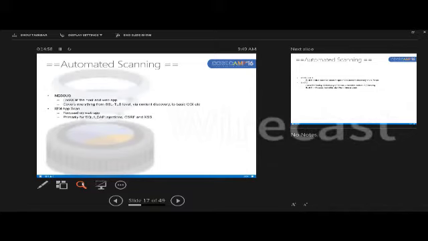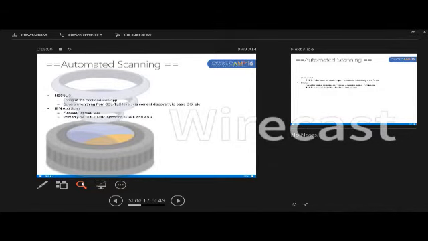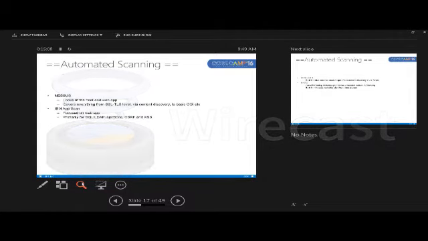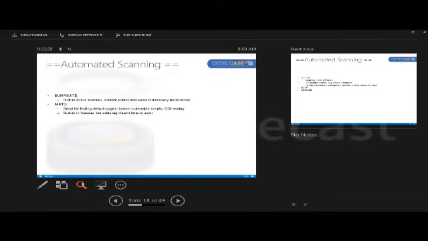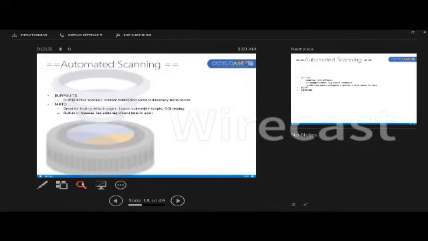This is a demonstration of Wirecast. This is a demonstration of Wirecast.